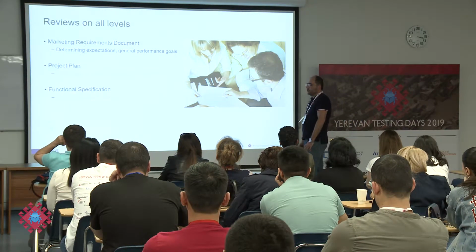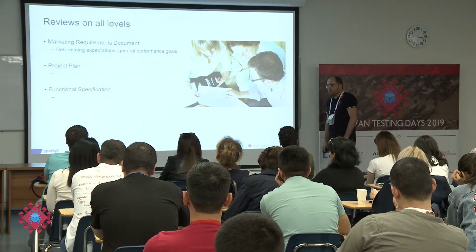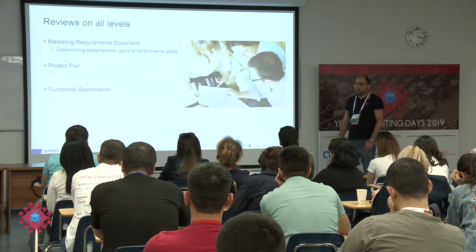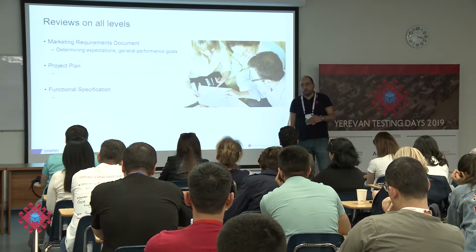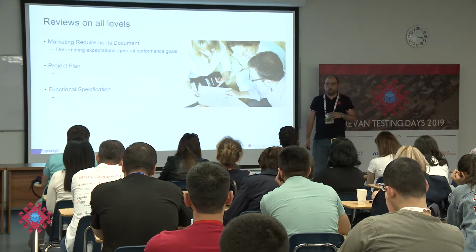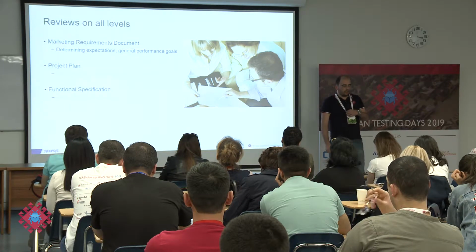First of all, we need to determine expectations and also build performance goals. I don't mean the test engineer should do that, but we should make sure all this information is there.